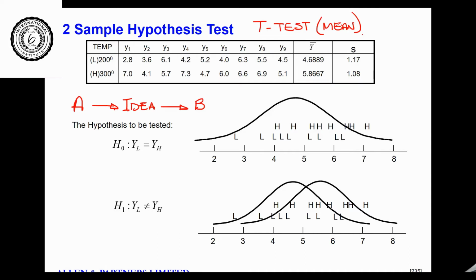Why do you need a hypothesis test? Well, it's like this. Imagine you have a bin of components. Let's say there's 10,000 in the bin, and you are interested in some feature of that component. So you take a sample.